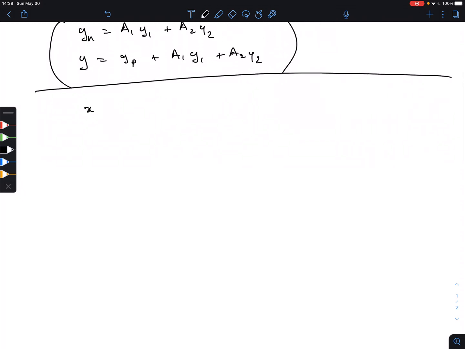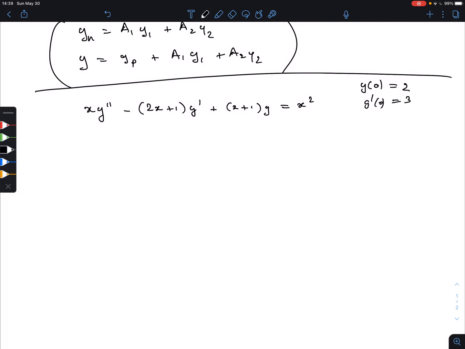Here's an example: x y'' - (2x + 1) y' + (x + 1) y = x^2. And let's do an initial value problem: y(0) = 2 and y'(0) = 3.